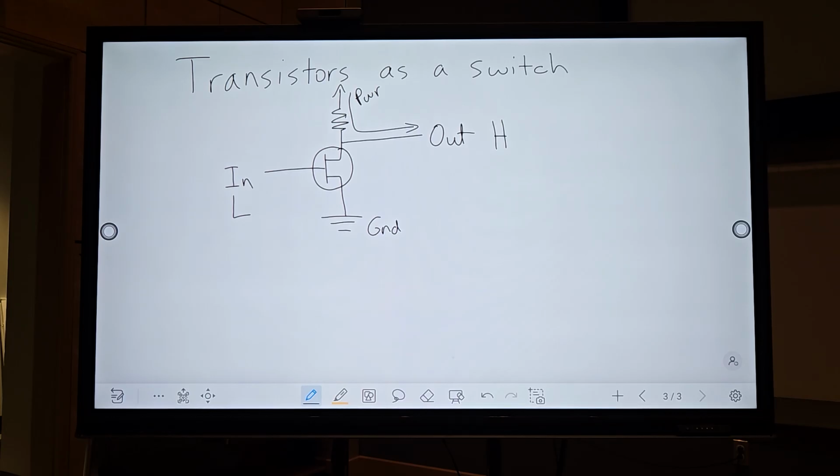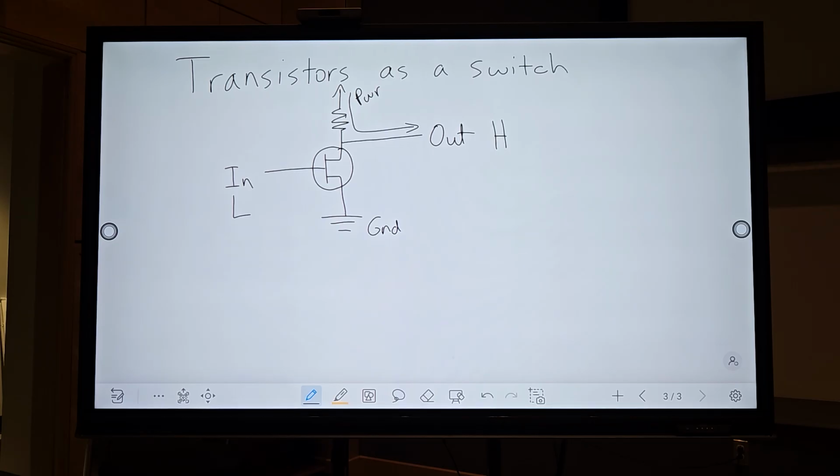Now we'll get into after the midterm how these FETs can be grouped together to make logic gates for digital logic circuits.